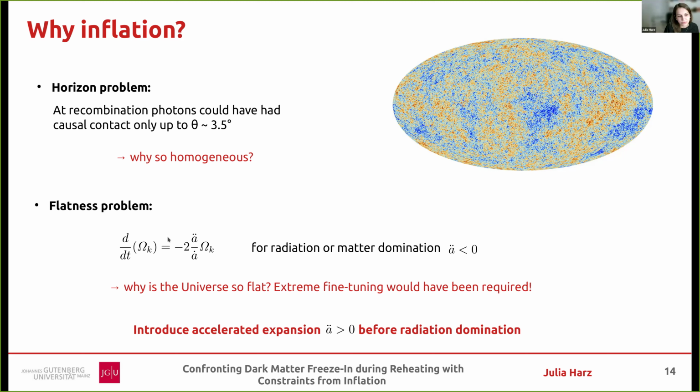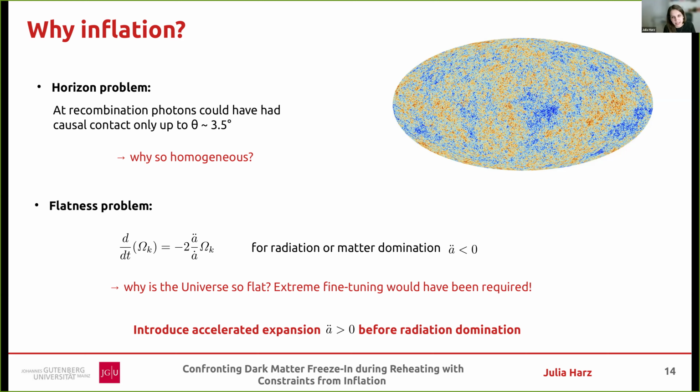So this means if we have here some diverging behavior during the evolution of the universe, extreme fine-tuning would have been required, and the question comes, why is the universe so flat? And you see already, if this parameter a double dot would be positive instead of negative, we would actually converge and we would have no fine-tuning problem.